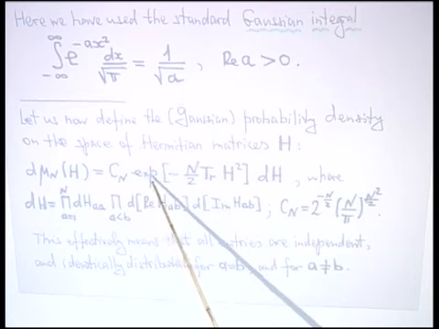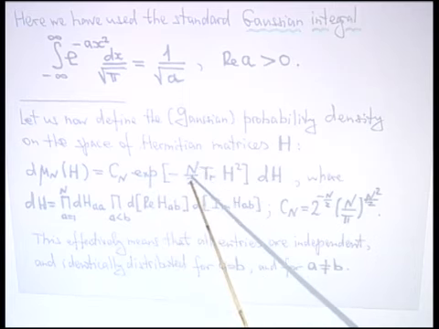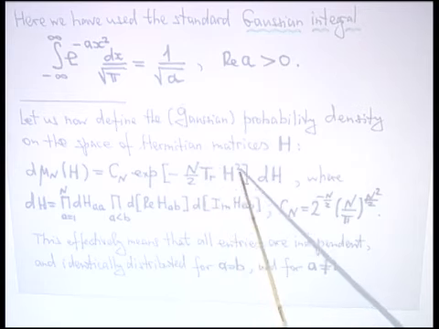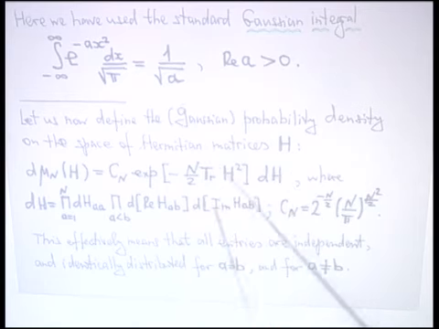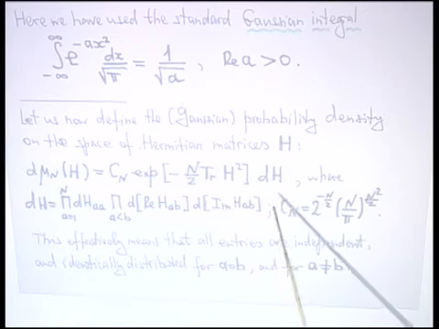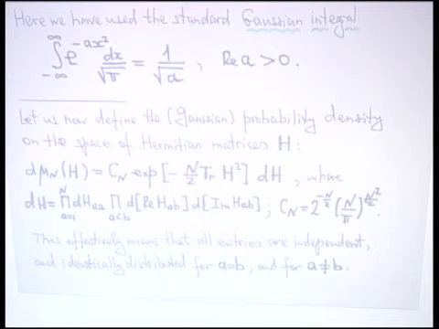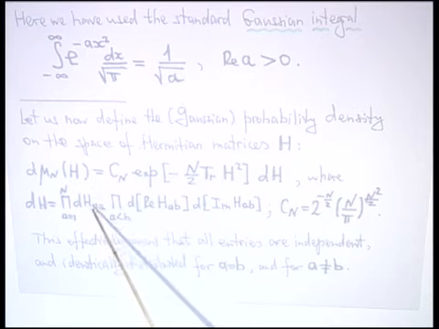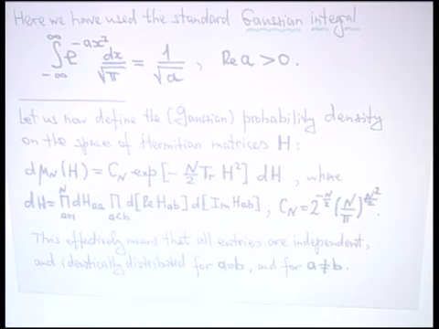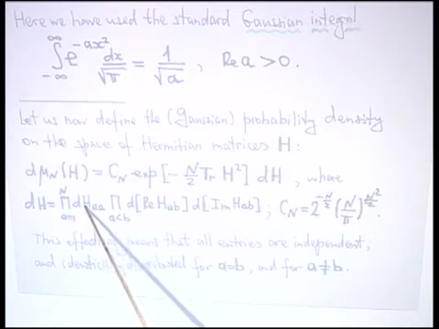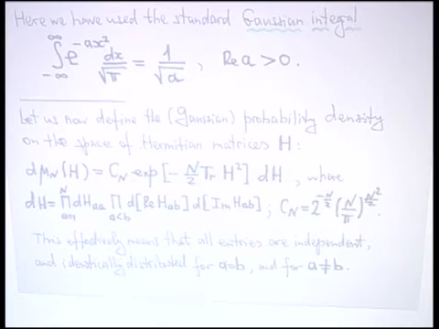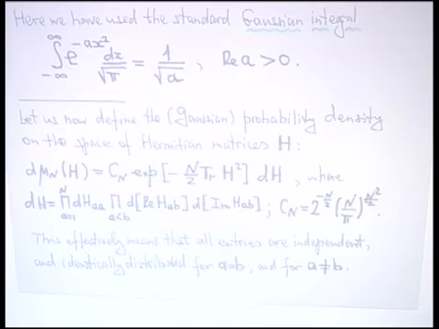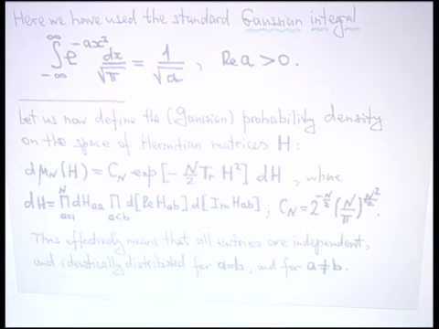Then it's exponential minus dimensionality of space divided by 2 trace of h squared times dh, where by dh I understand the following product of differentials. It's a product of differentials of all entries of h which are on the main diagonal, and remember they are real numbers for a Hermitian matrix. Off-diagonal entries, however, are complex numbers, and therefore they have real and imaginary parts.